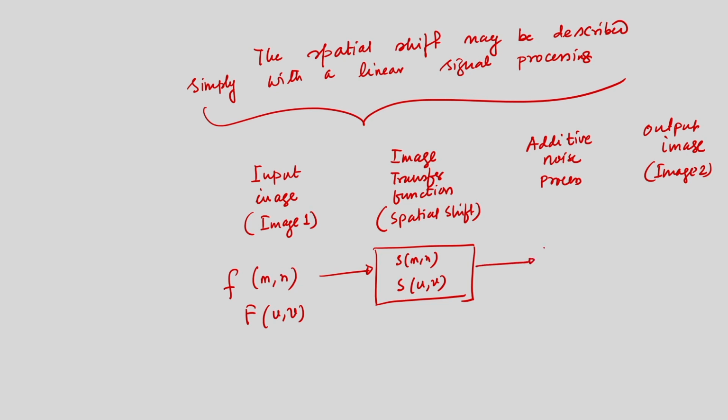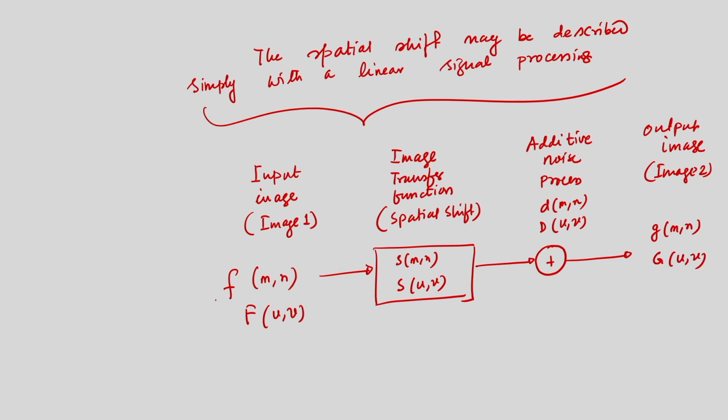Then we will have this additive noise d of m comma n, capital D of u comma v, and finally we will get g of m comma n, that is g of u comma v.